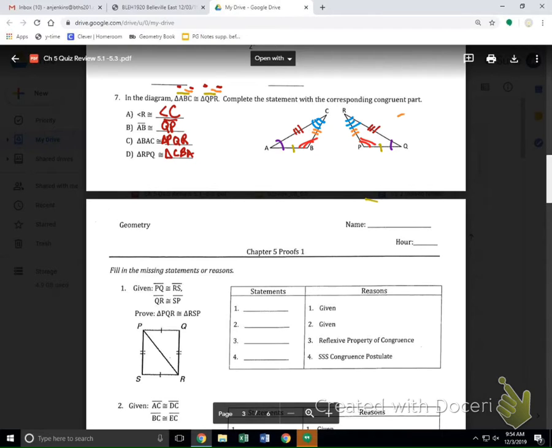Side AB, the first two letters, has to be congruent to the first letters over here, QP. So did you really have to draw this out? No. But if you feel like you might get confused, it's a nice way of doing it. And then for these, you could just match up the letters. B was in the second position, P is in the second position, A is in the first position, Q is in the first position, C is in the third position, R is in the third position. And we can find those based on just that little congruent statement.